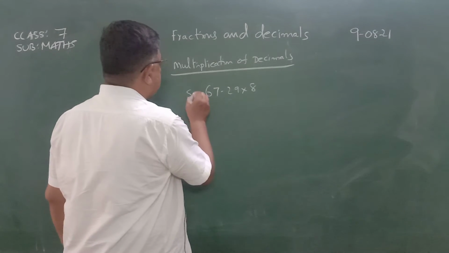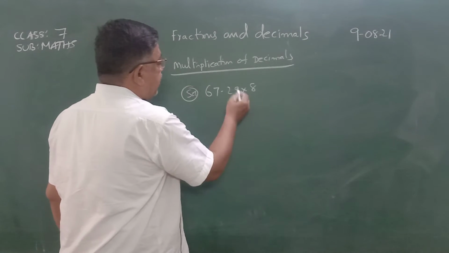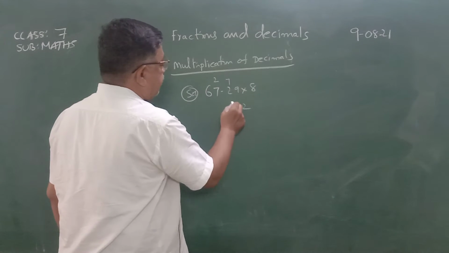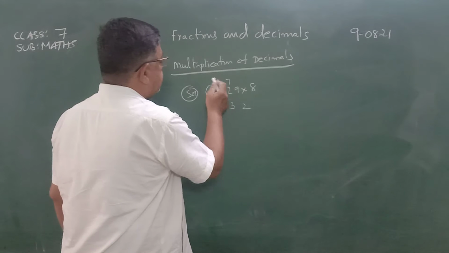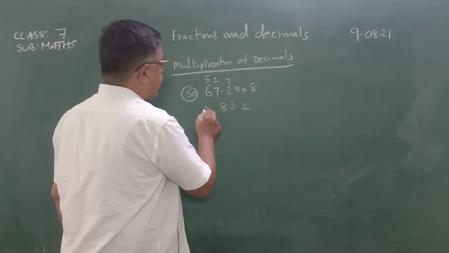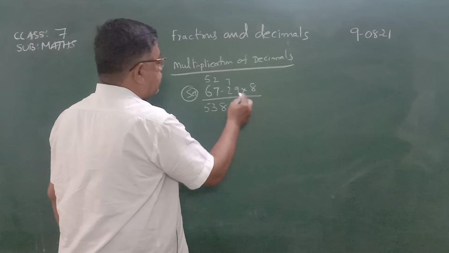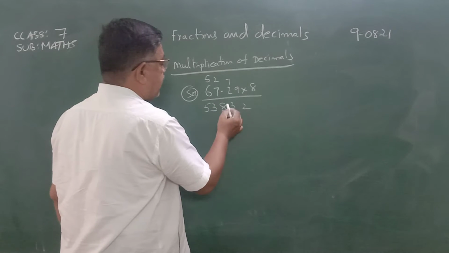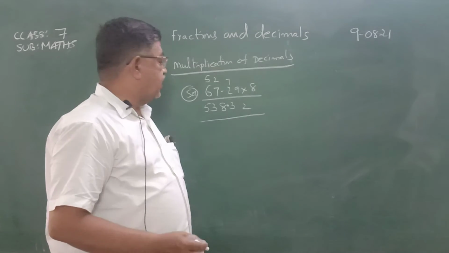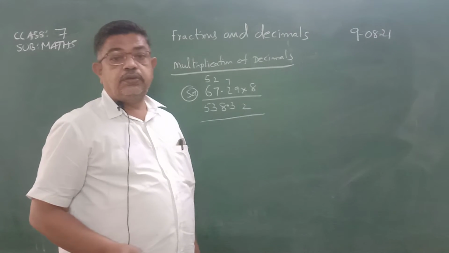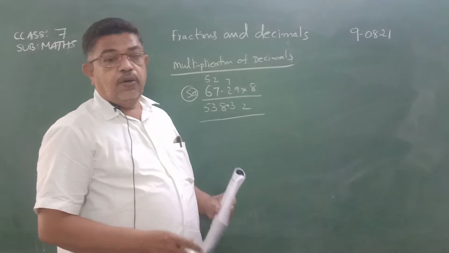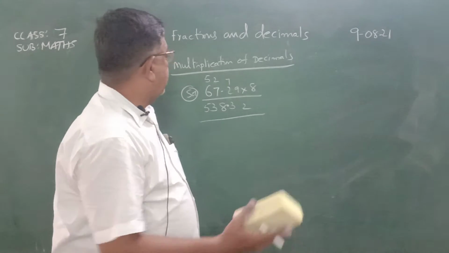So first step as it is, multiply with 8. 8 9s are 72. 8 2s are 16 plus 7, 23. 8 7s are 56 plus 2, 58. 8 6s are 48 plus 5, 53. Count the number of decimal places, 2 decimal places, count from here and place the decimal. Now what is the value you got? 538.32. This is how multiplication of a decimal number by a whole number is done.